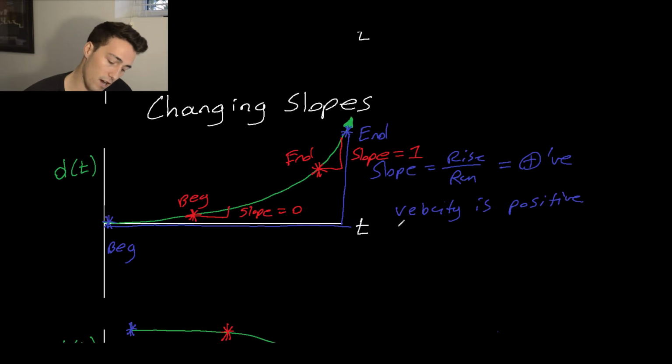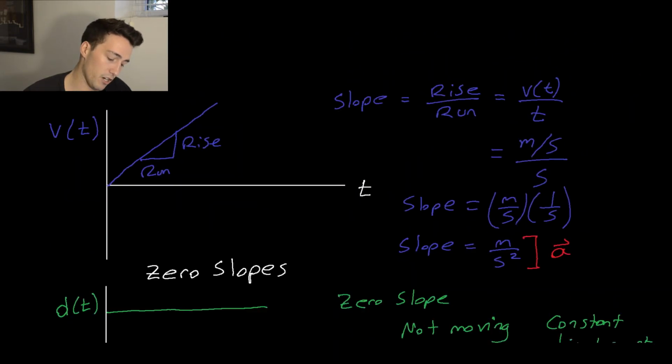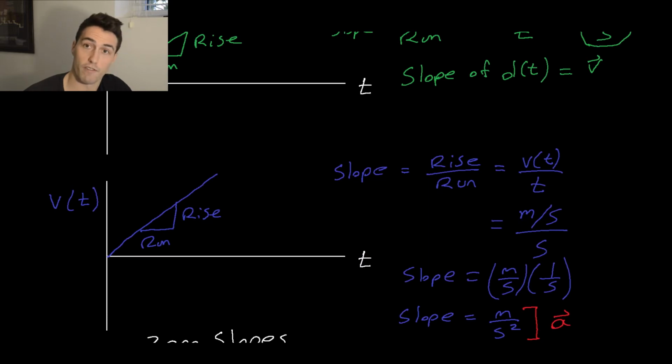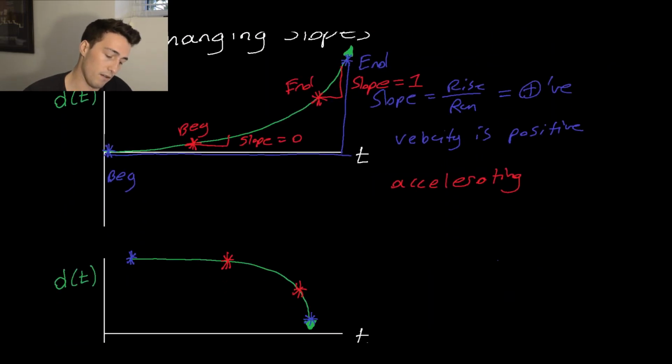So that means that this object is accelerating, because the change in velocity, as we noted from this graph here, the slope in velocity, is acceleration. So here we now have a particle that has a positive velocity and a positive acceleration, so it's speeding up in the positive direction.